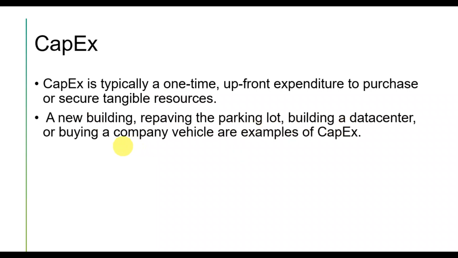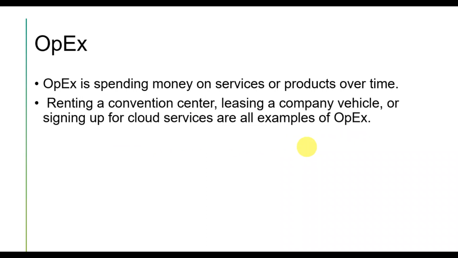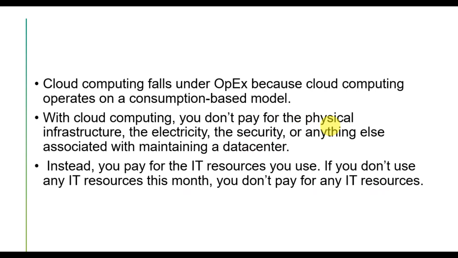A new building, repaving the parking lot, building a data center, or buying a company vehicle are examples of capital expenditure. Operational expenditure is spending money on services or products over time. Renting a convention center, leasing a company vehicle, or signing up for cloud services are all examples of operational expenditure.